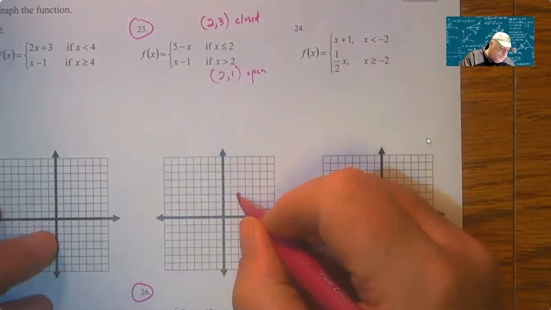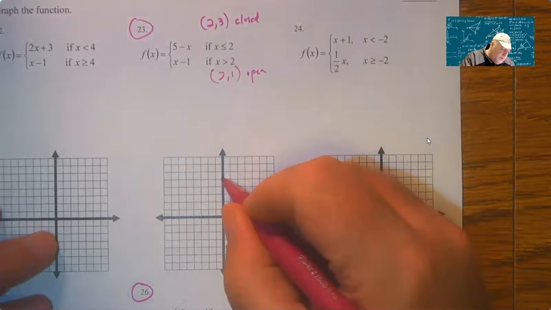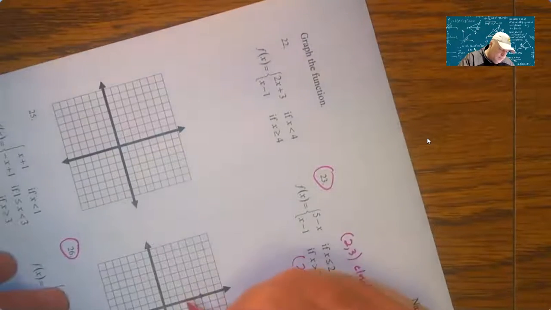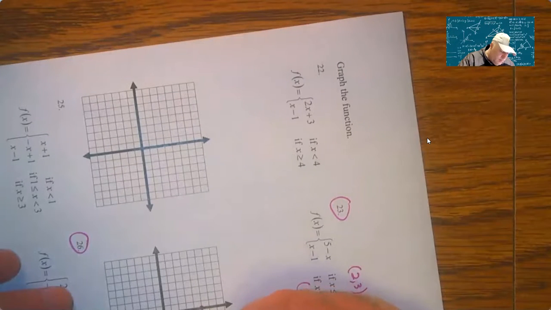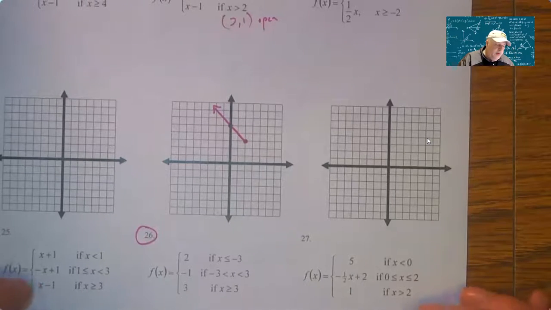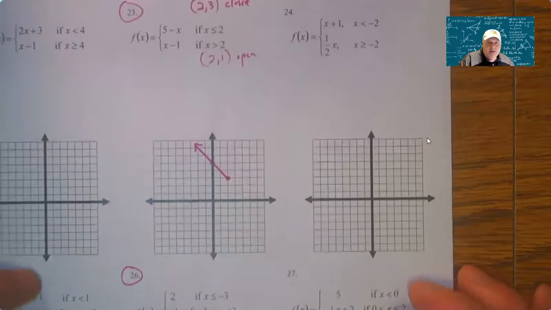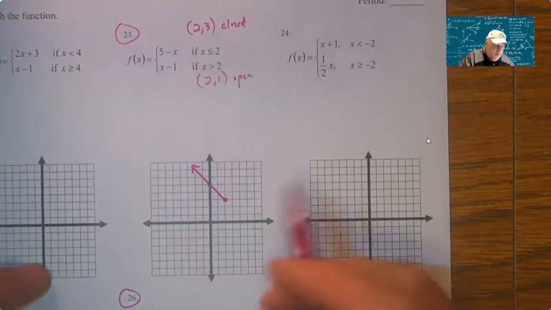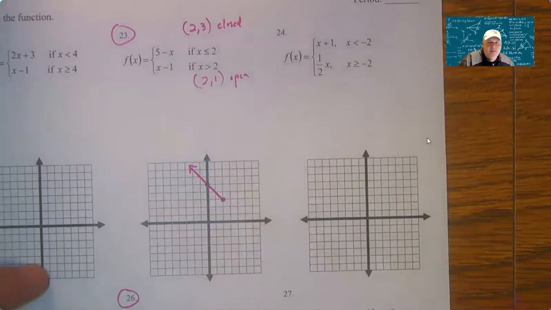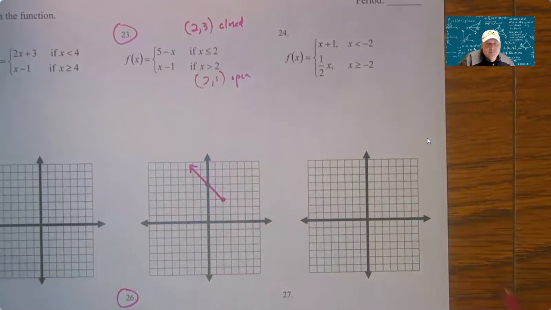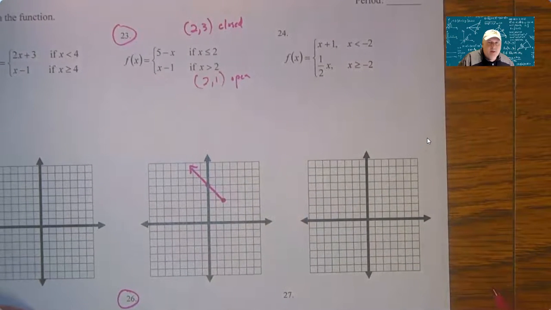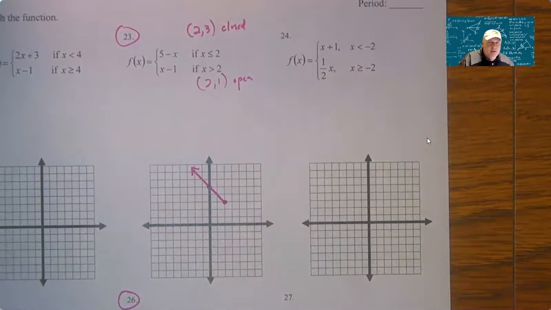So up 1, left 1, up 1, left 1. Another way is to get the y-intercept and just extend it in the right direction. So the y-intercept is 5, extend to the left. That's probably the easier way now that I'm showing this as opposed to the slope.